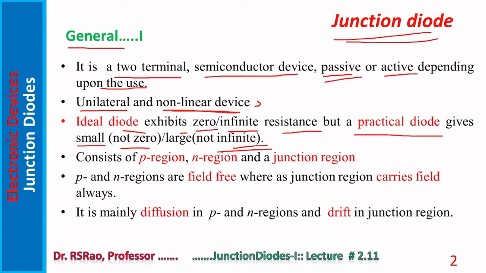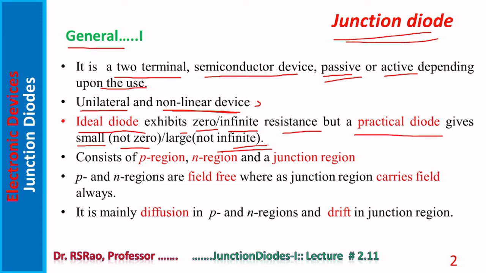So it can act as a short circuit, it can act as an open circuit. That is the case of ideal diode, but in practice, it is not a short circuit, it is not an open circuit. It is simply small resistance, or large resistance, not zero or infinite resistances.